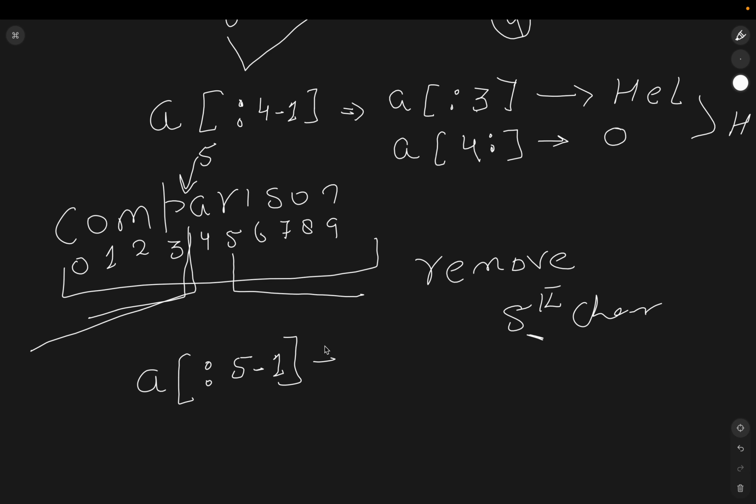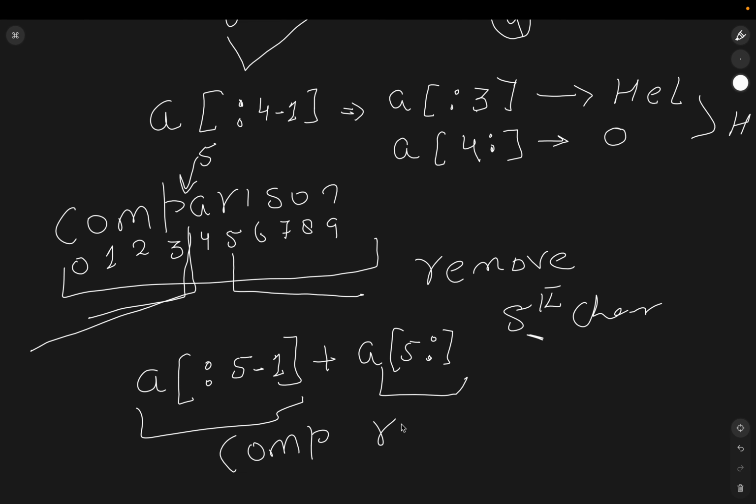Then for the rest of the things, from the fifth onwards, including the fifth index, I can say A of 5 onwards, right? This part will give you C O M P, and this part will give you R I S O N. That means from here I have removed this A.